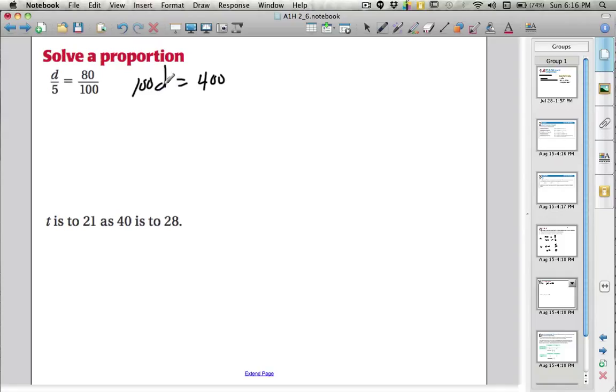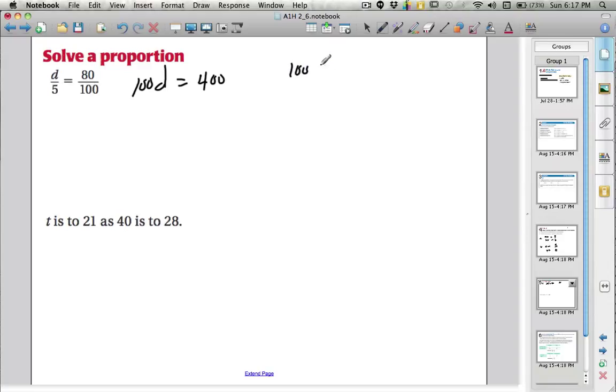But let's talk about what we're doing when we find the cross product. What we have here is a value of 5 and 100 as denominators. And if you look at what is our least common denominator, it's 100 because 5 goes into 100.